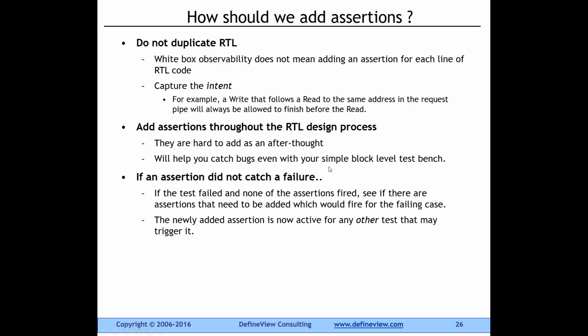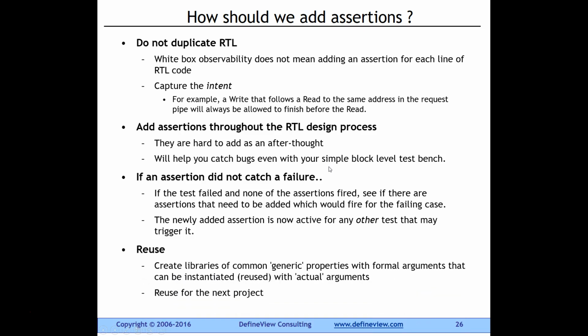So this is another way to know how to add assertions. If the test fails and no assertion fires, then you need to add new assertions. And like I said before, create libraries of common generic properties, parameterized with formal arguments so that you can reuse them from project to project.